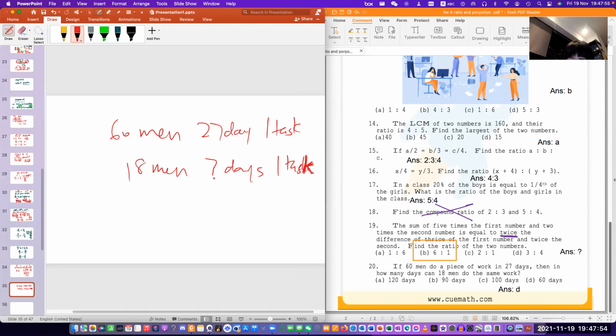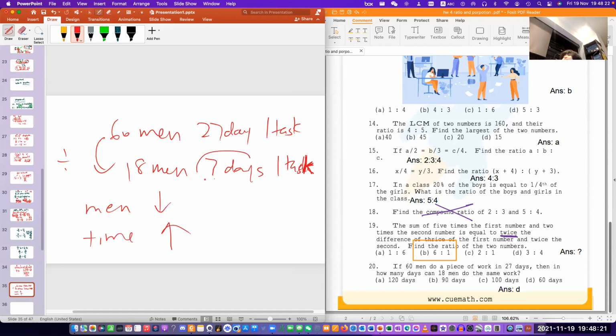Yeah. Okay. So what you need to ask yourself is, what is the factor from 60 to 18? Found the answer. It's B, not D. So your manpower reduces. If your manpower reduces, your days should increase. So manpower reduces, time increases.